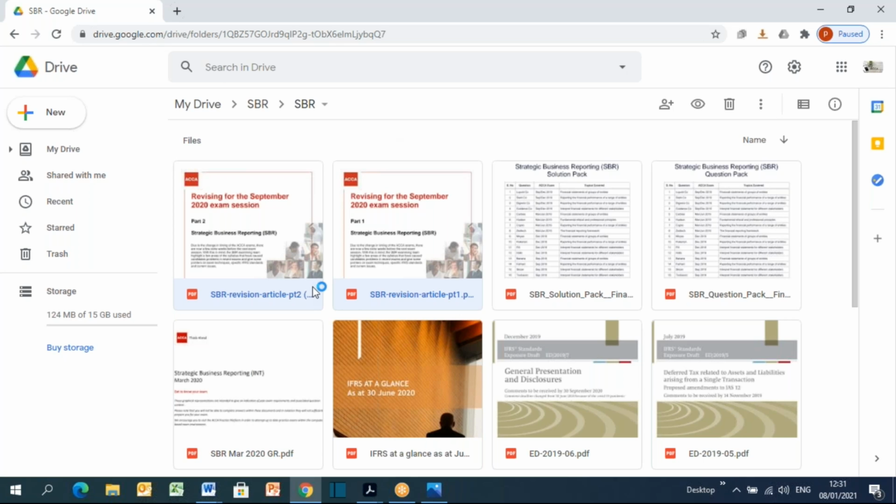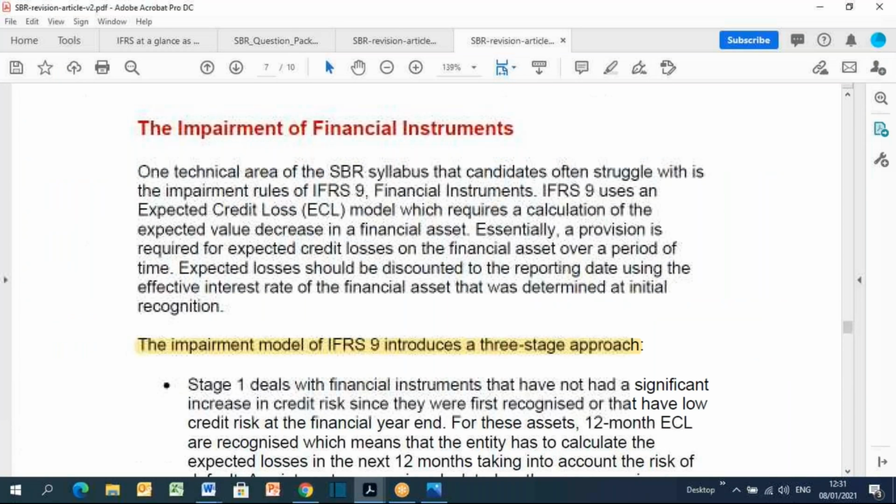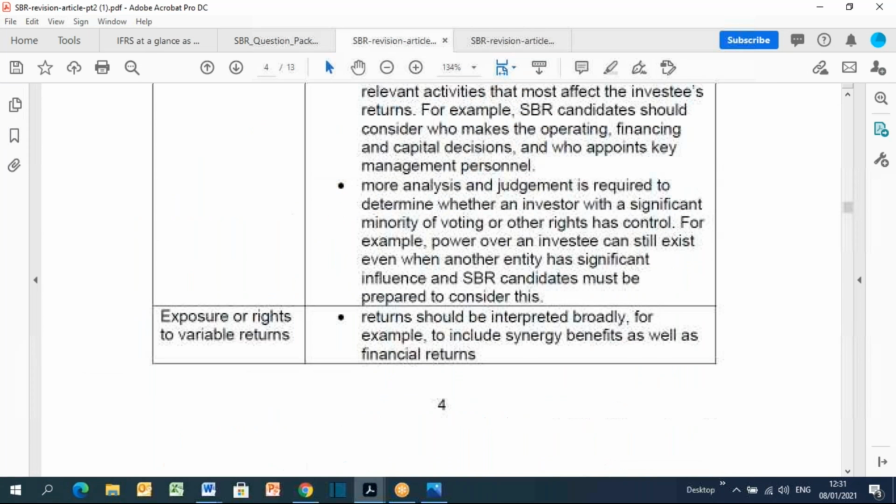For example, when it talks about significant influence, let me show you.